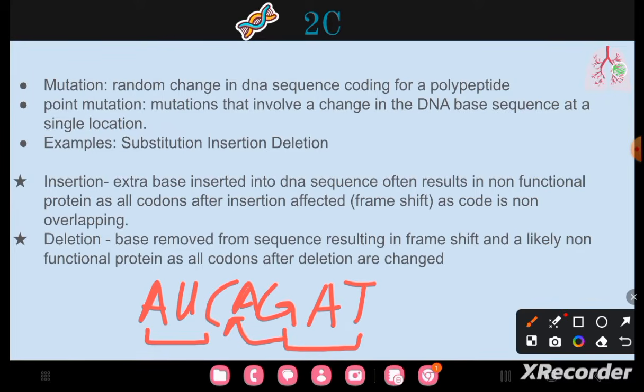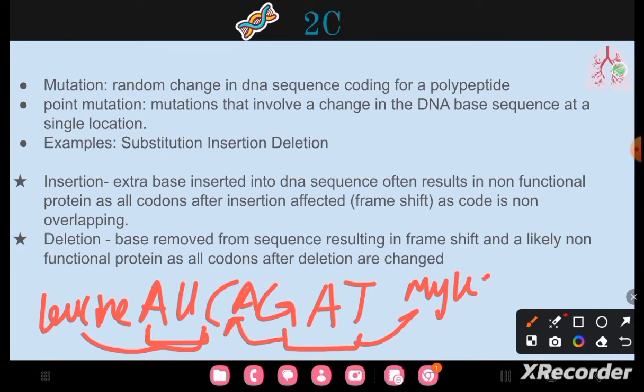Okay? So now we will probably have a non-functional protein because let's say this codes for leucine, amino acid I mean. And this codes for, I don't have amino acid names memorized, we'll call it Melissa. Okay, now after the mutation, this isn't the triplet code that's going to be read anymore, because those three, AGA, are going to be the new amino acid.